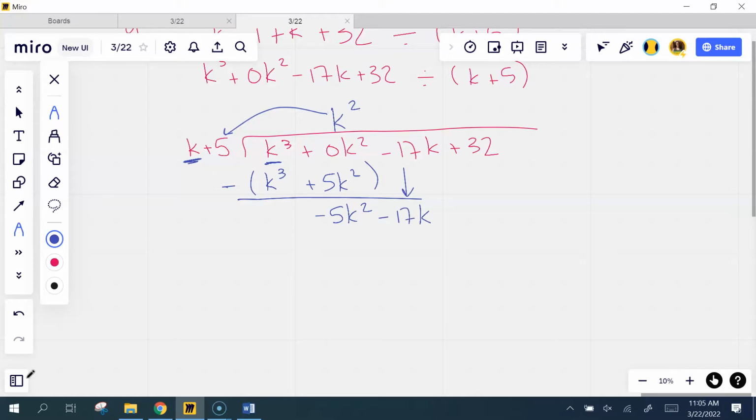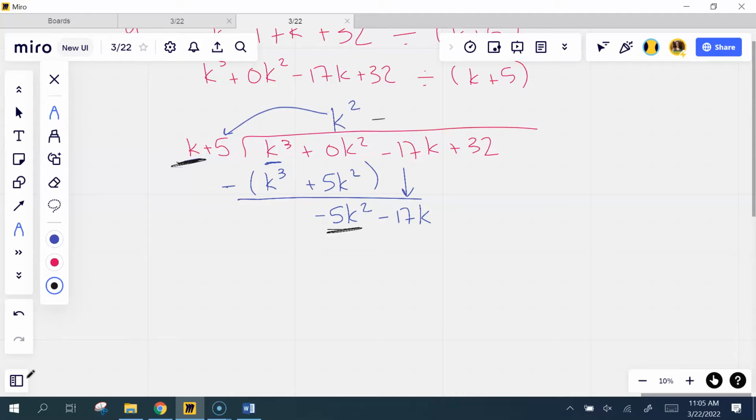And now there is so much repetition in here that if you do a couple, you can't help but get it because you keep doing the same thing over and over and over. What do you multiply k by to get negative 5k squared? Negative 5k, right? I need another k on there too.